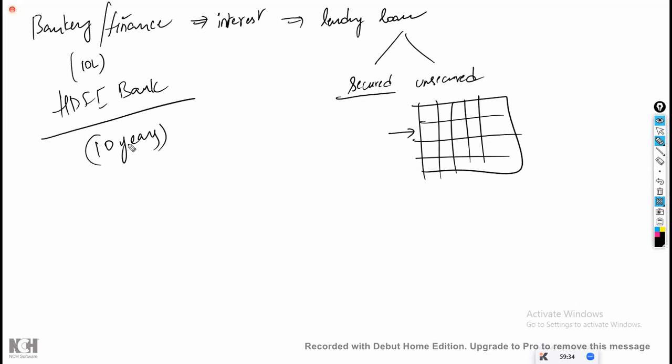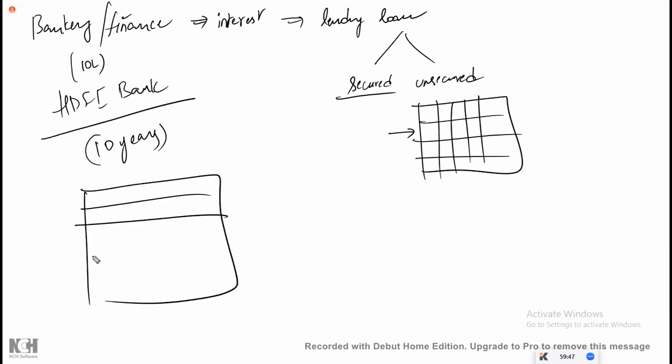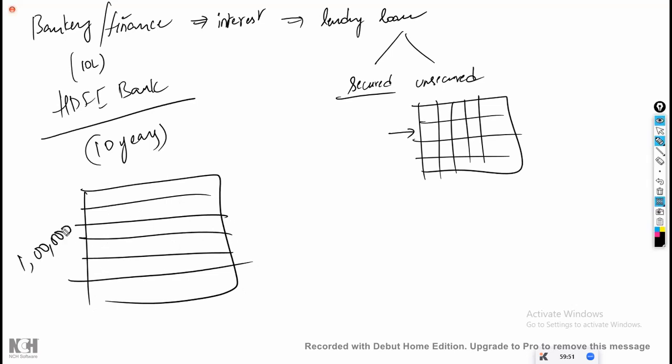In these 10 years, they have already given loans and recollected the money. Some have paid, some have defaulted. Assume they have given loans to 1 lakh customers.